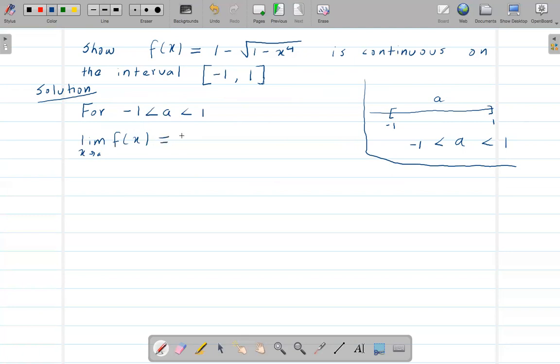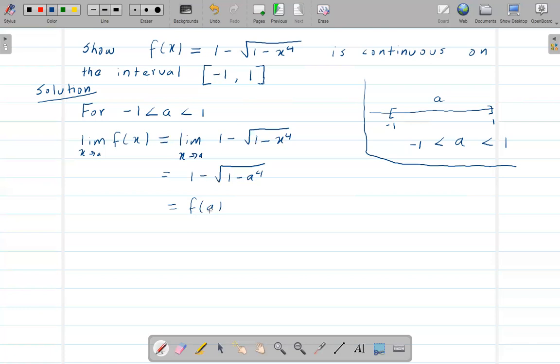So now the limit as x goes to A of f of x, which is 1 minus square root of 1 minus x to the power 4. I haven't used the limit yet, so like I said, every time you have to write limit. Since x goes to A, I'm going to get 1 minus square root of 1 minus A to the power 4. This is also f of A, right?